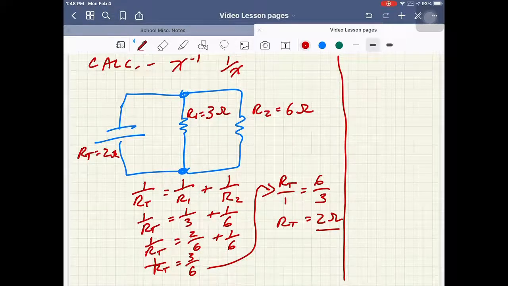When you have 2 resistors, there is a pretty common way of doing this without the common denominator.